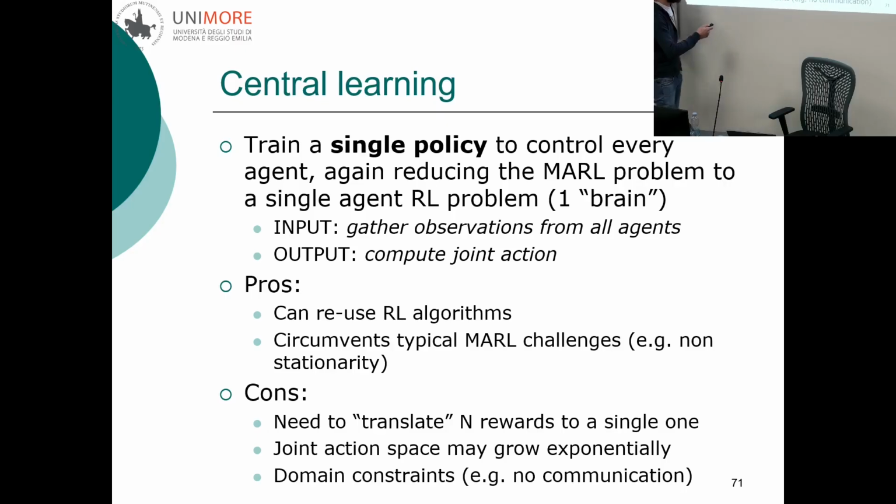Instead, another drawback may be that if you have some sort of domain or computational constraints, you may not be able to use centralized learning. For instance, if you don't have ways for your robots to communicate with a central server, you cannot apply this sort of approach.